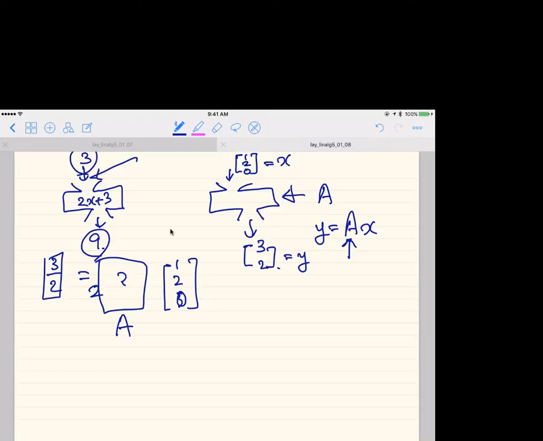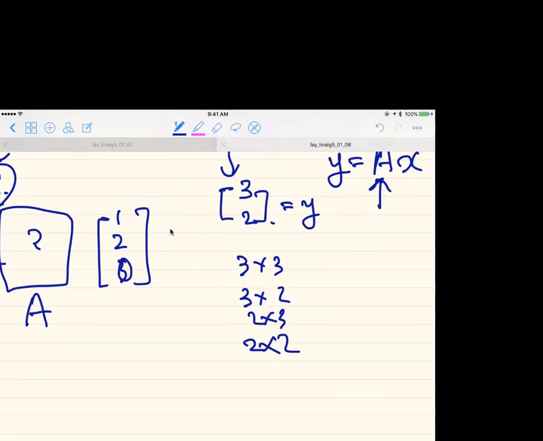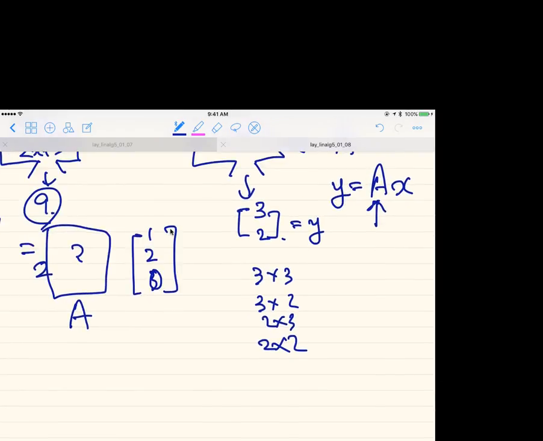So 3 by 3 or 3 by 2, 2 by 3, 2 by 2. It should be 2 by 3, right?